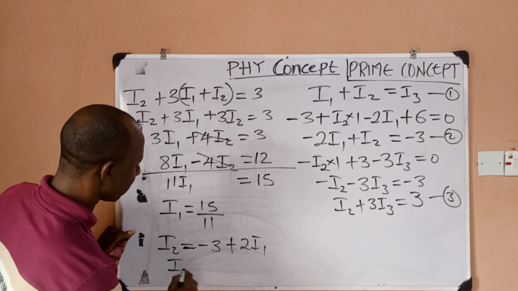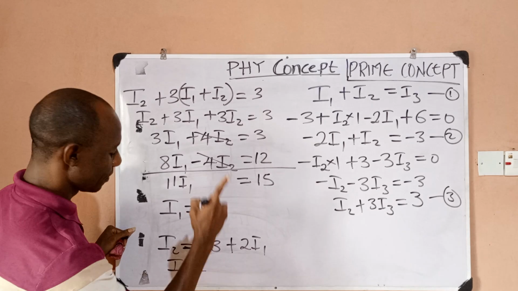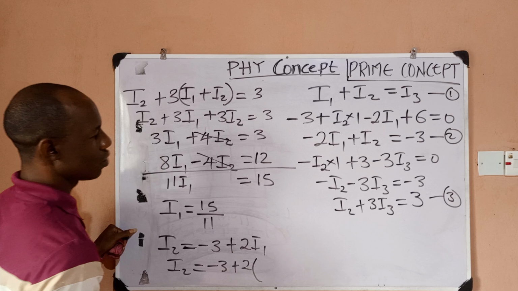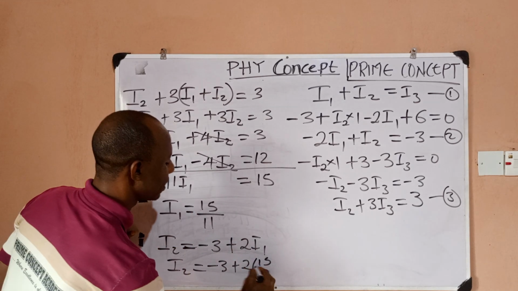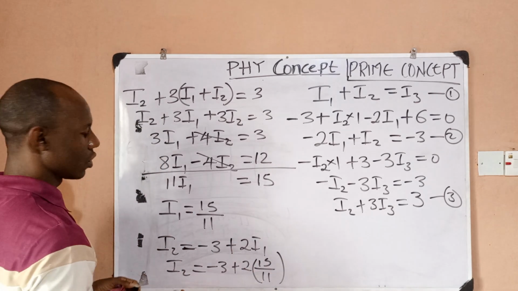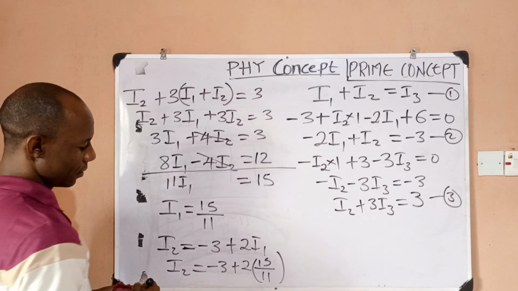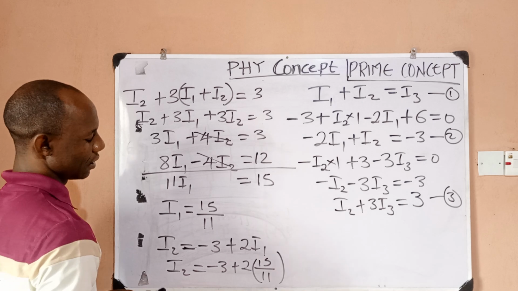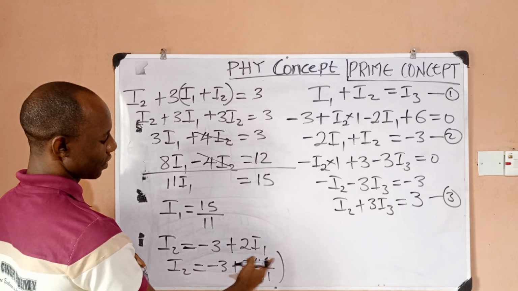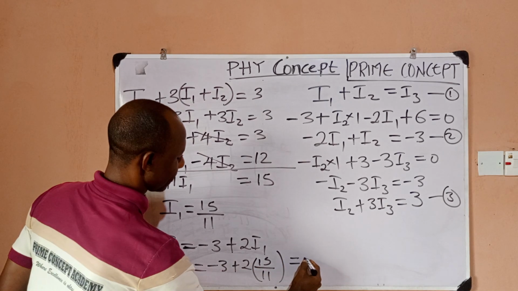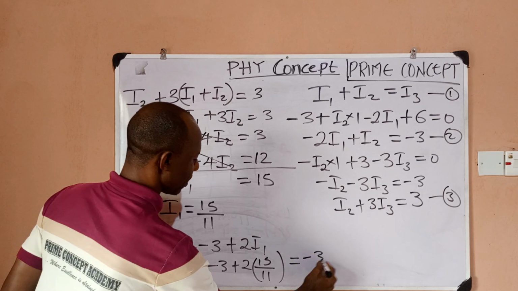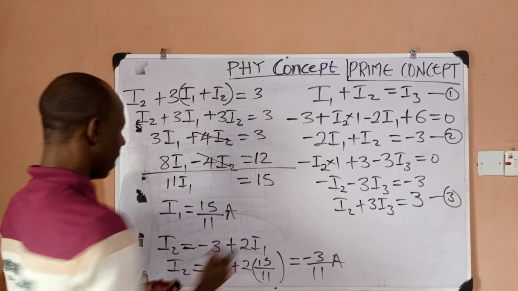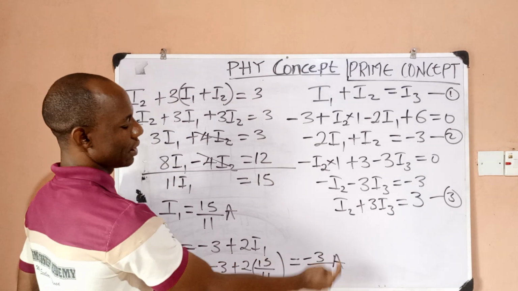So I2 is going to be negative 3 plus 2 into, what is my I1? 15 by 11. So if I solve this, I would have minus 33 plus 30, that's minus 3, over 11. So my I2 is minus 3 over 11.